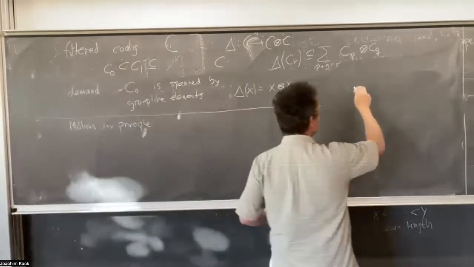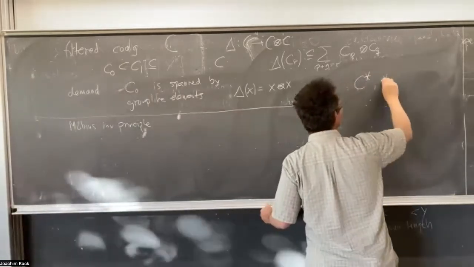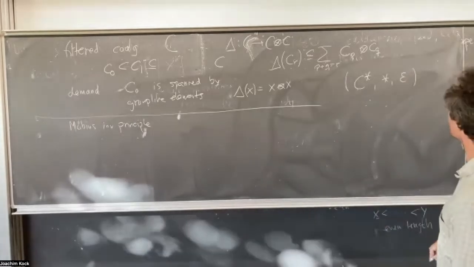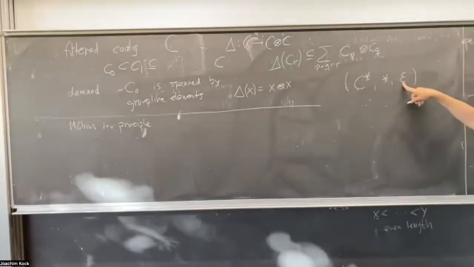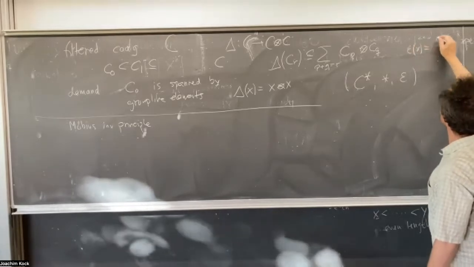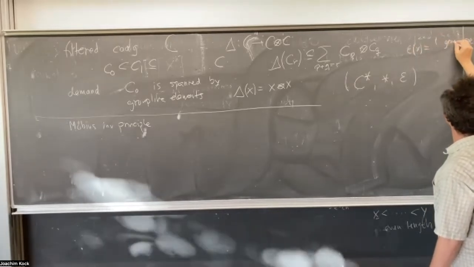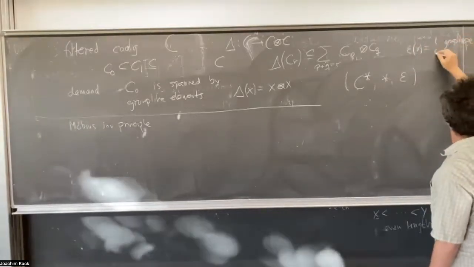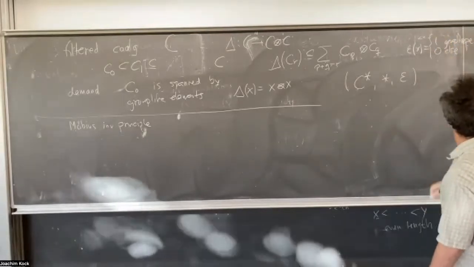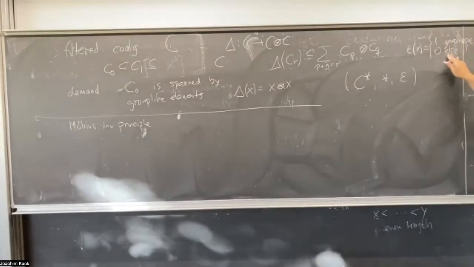So, as before, we have the convolution algebra. This one is equal to 1 if it's group-like, and 0 else. This is not completely precise, but it's good enough for now.